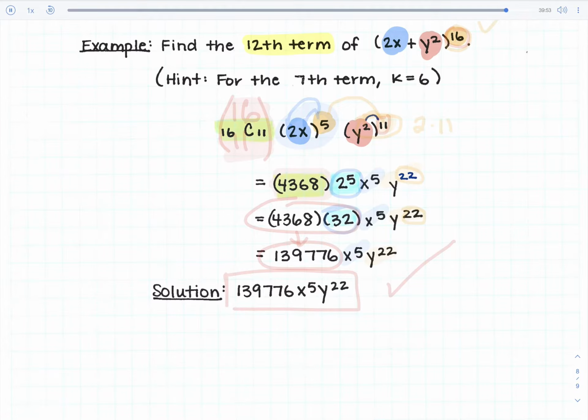And my other piece, my y squared, which would have started at 0, on my 12th term would have worked its way up to 11. Now notice something. You can double check yourself that the 5 and the 11 do add up to 16. That's a good way of making sure you did that properly.